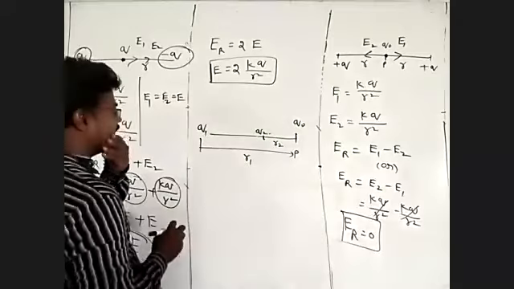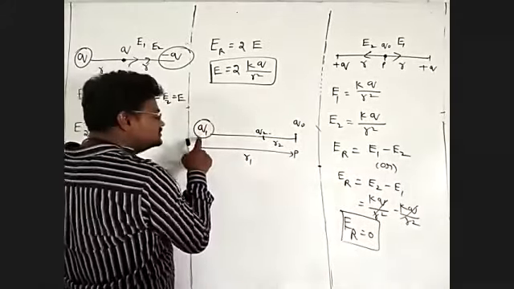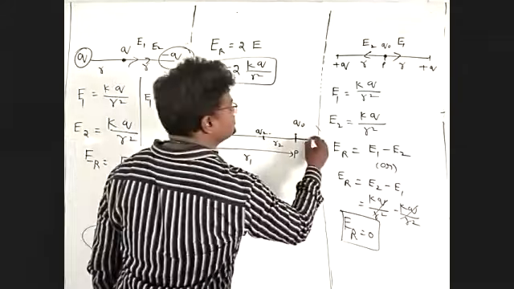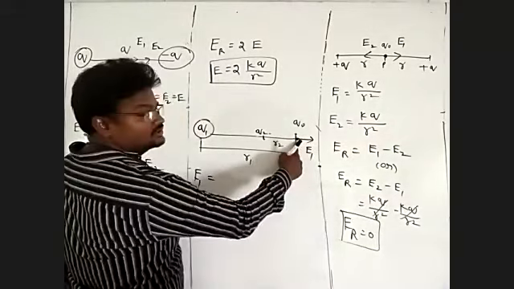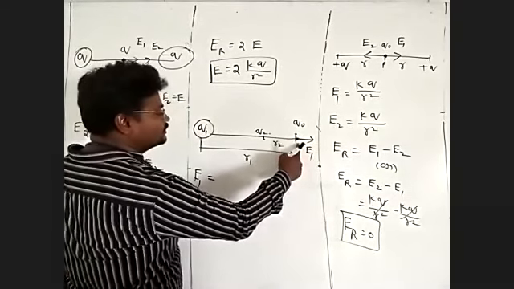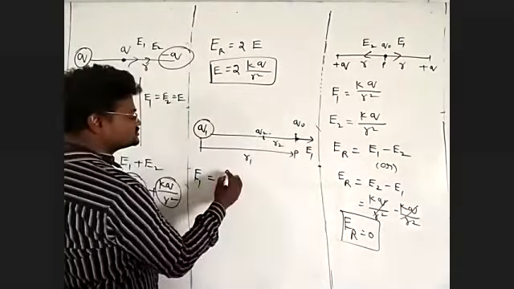Now this Q1 repels the charge in this direction, that is E1. E1 at this P point, we have to calculate the electric field due to the charge Q1 by the distance between two charges, R1.